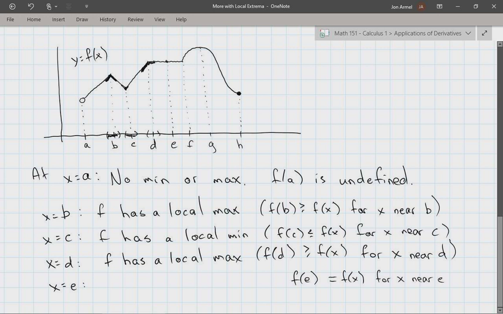So in particular, f of e is less than or equal to, and f of e is greater than or equal to f of x. So both of those conditions are satisfied, which means f has a local max and a local min.